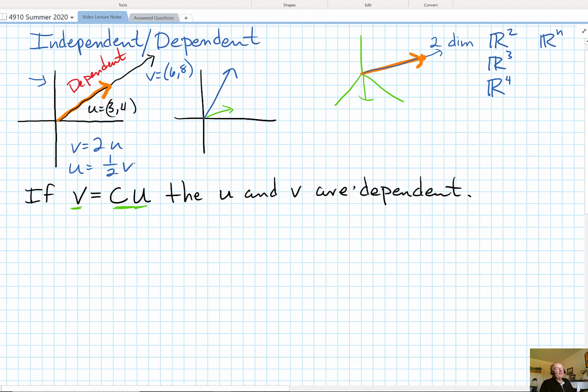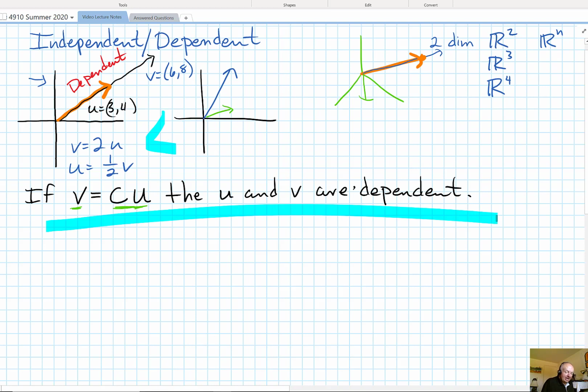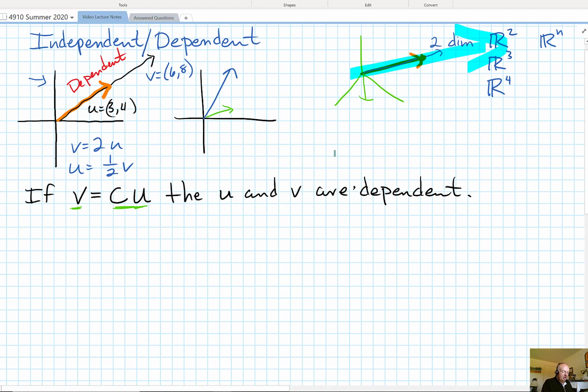The point is, if I can multiply one vector by a scalar multiple and get the other vector, then they're dependent. Notice I cannot do this to these independent vectors. I cannot multiply this vector by something to get this, because all you're doing when you multiply by a constant multiplier is changing the length or reversing the direction. So that's the idea, and of course that extends to 3 dimensions. If I can take one vector, multiply it by some number, and get the second vector, then they are dependent.